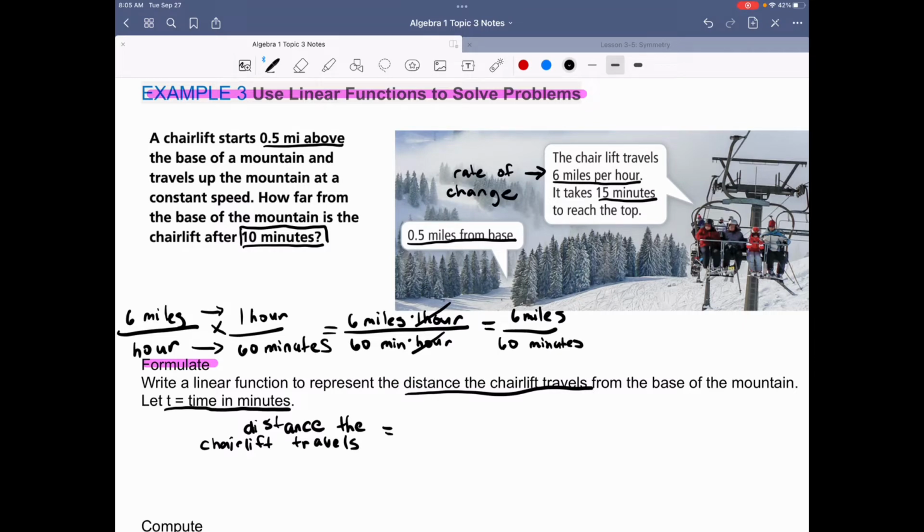And we can simplify this and say 6 divided by 60, or 1 mile over 10 minutes.